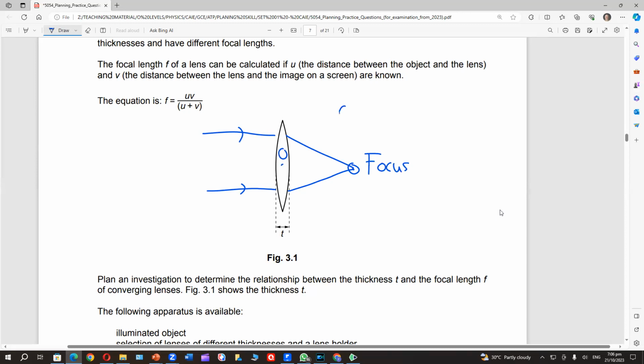This point is O, and O is called optical center. Now, this distance is called focal length. If any of you have forgotten this concept, it is better to copy this as a revision.